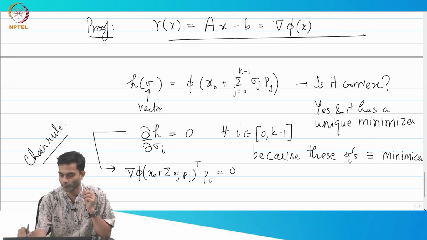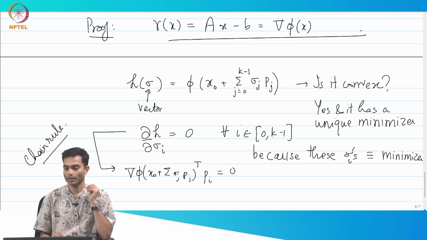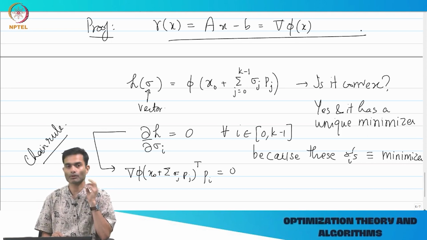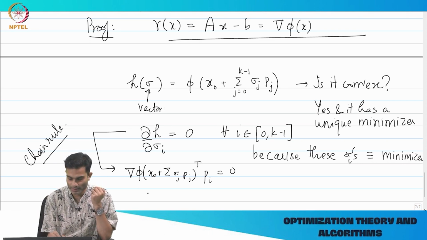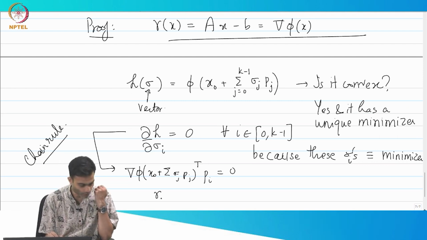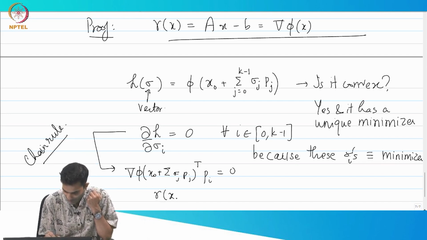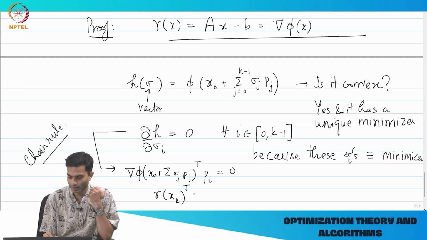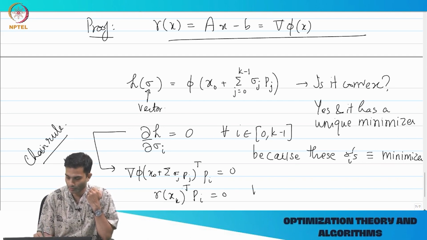Now when I look at the expression for the residual, the grad phi is also the residual. So this implies that the residual at xk, transpose pi, equals 0 for all i belonging to 0 to k.